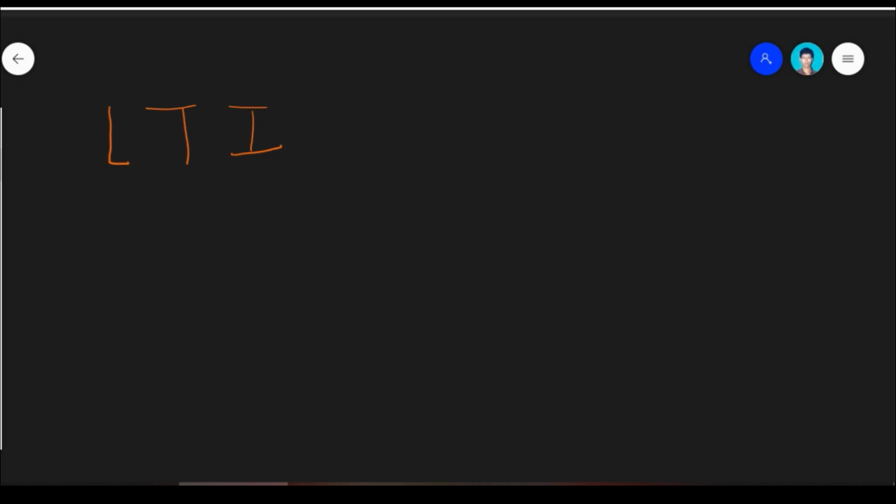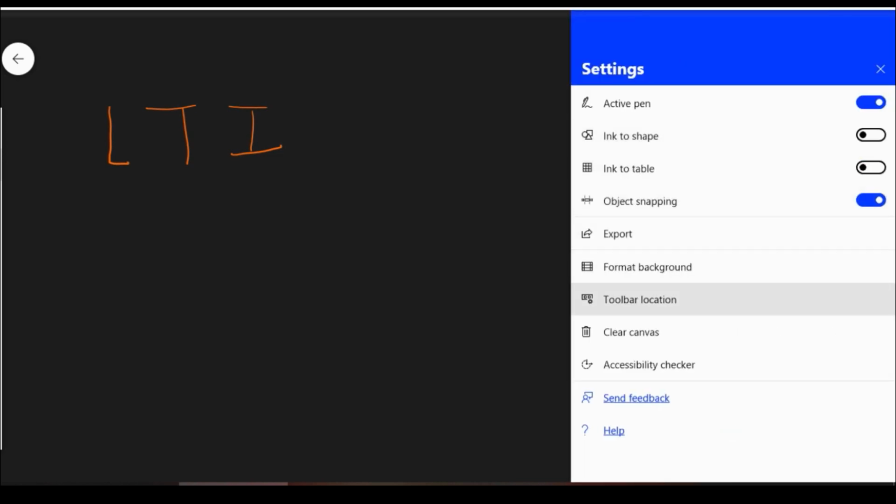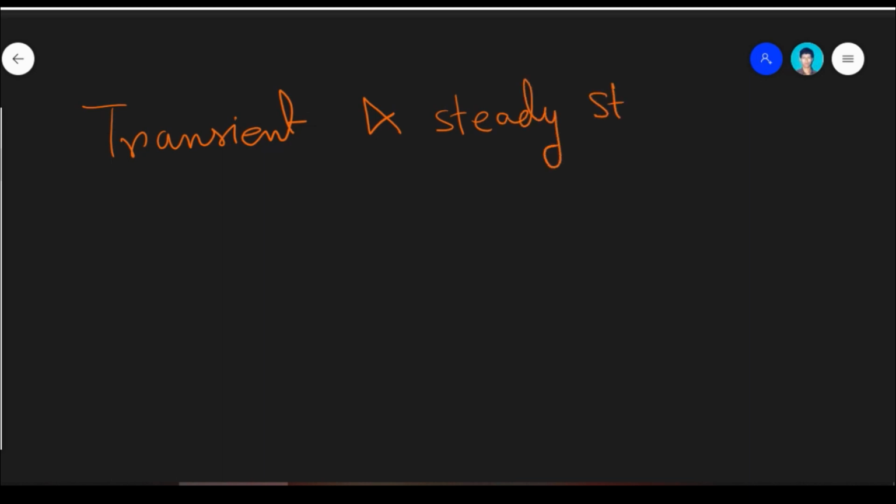I hope you heard about transient and steady state. This transient and steady state, what is transient condition?